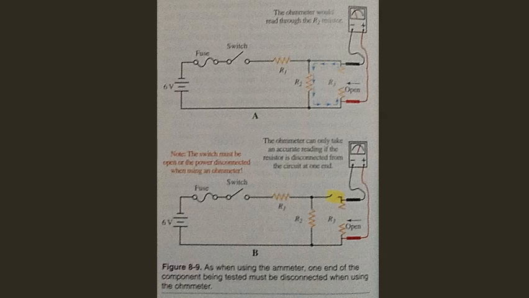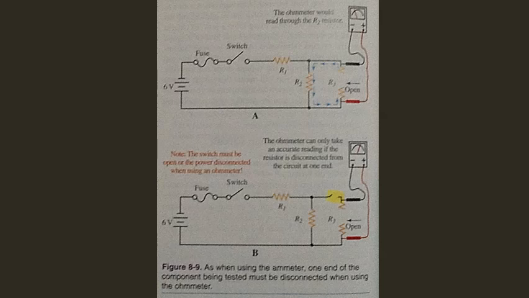In part A of figure 8-9, the ohmmeter is connected across R3. The resistance on the meter value should be equal to only R3. But notice that R2 is connected in parallel with R3. Hence, the resistance value on the meter will be equal to R2.